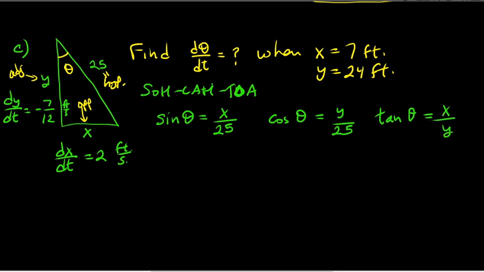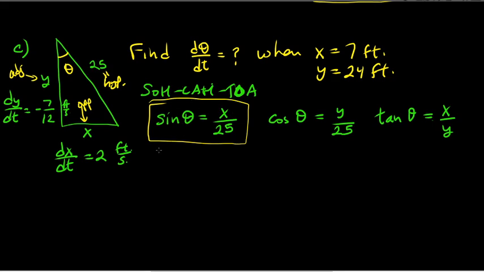That's why I would choose not to use the tangent, because you have to use both x and y. Whereas if you use sine or cosine, you only need x or y, but not both. So I'm just going to use this one. It's probably the most convenient. And so that's the relationship between x and theta.